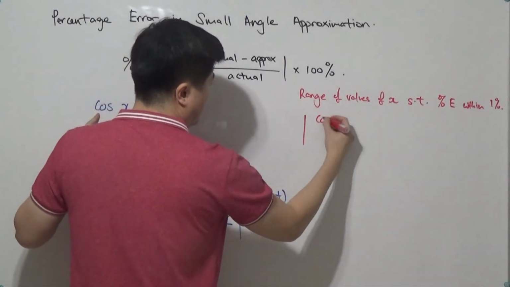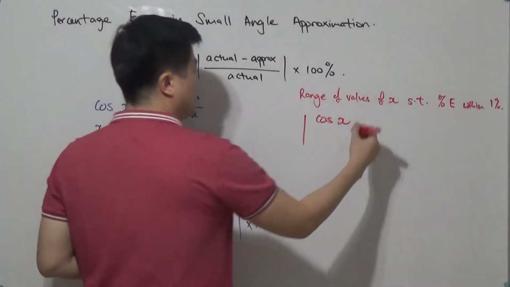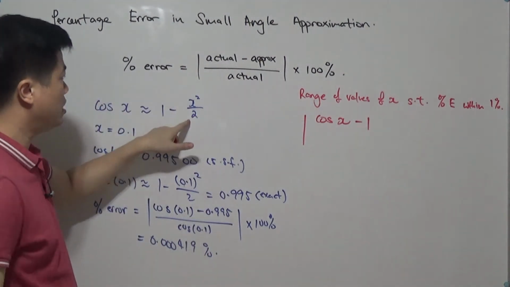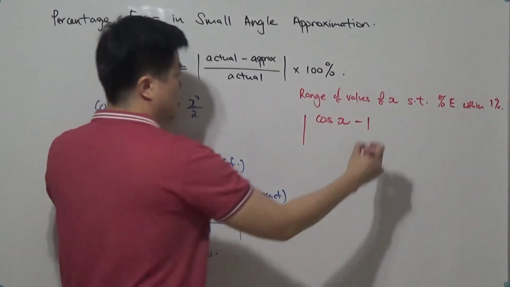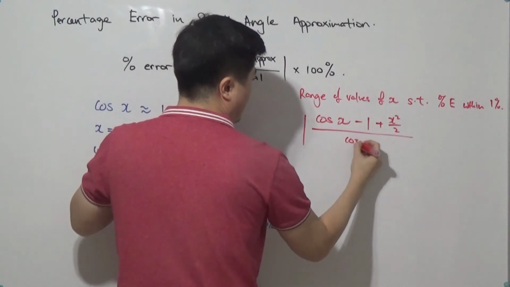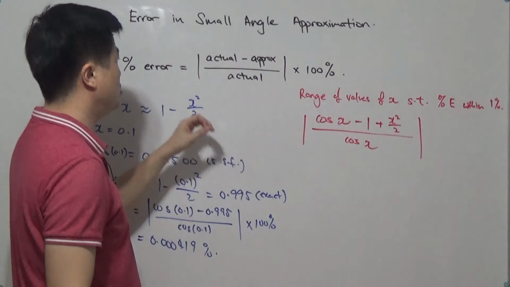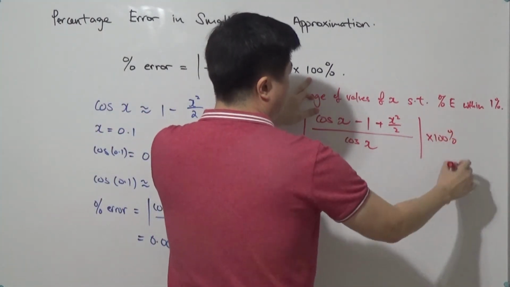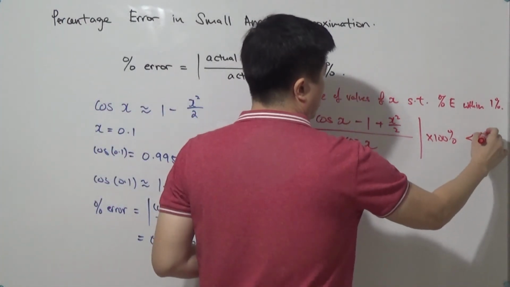Then the approximate value would be 1 minus x squared over 2. When you expand by taking out the brackets, it will be minus 1 plus x squared over 2, over the cosine x, modulus, multiplied by 100%, and this has to be within the 1%.